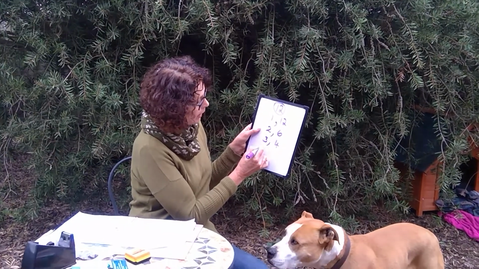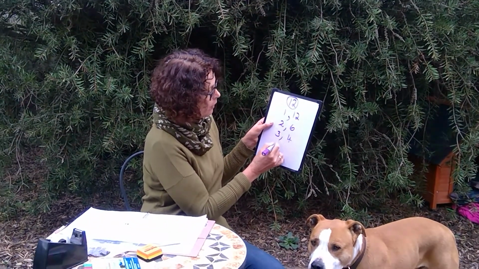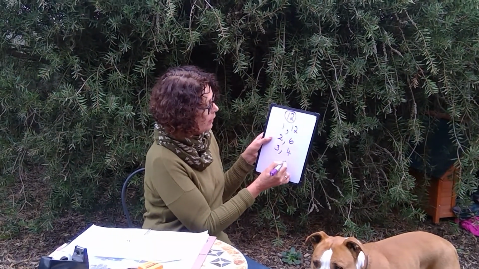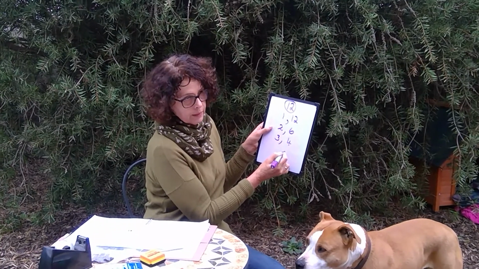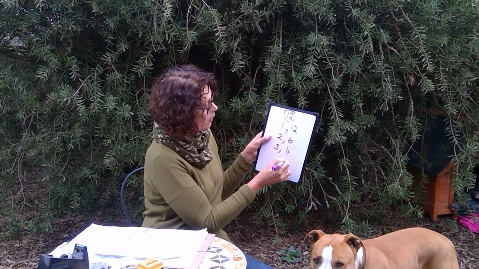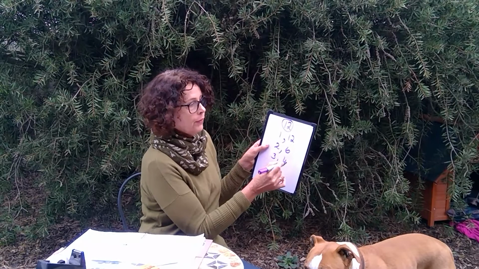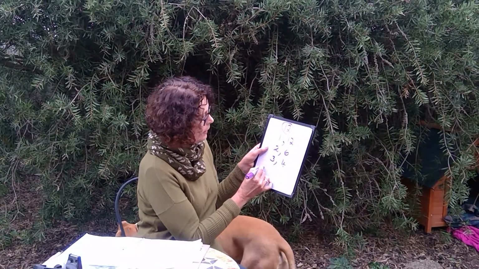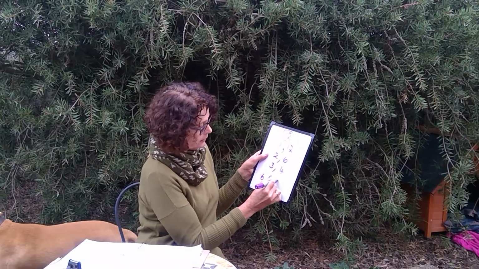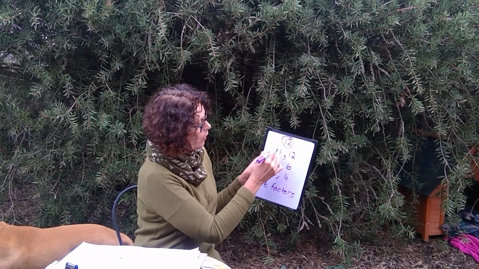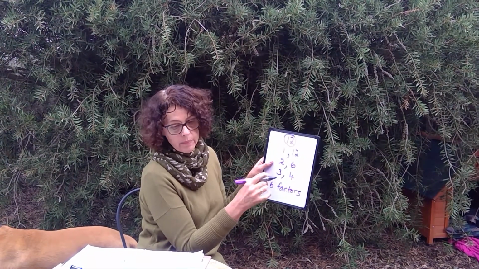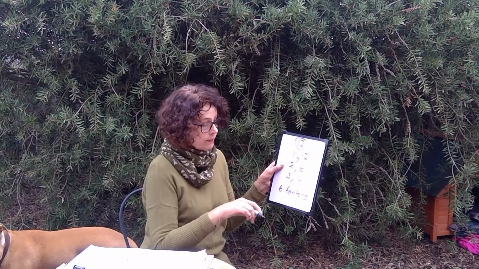The next number would be 4, but I've already got 4 and I know it goes in 3 times. So I know that because I'm going back to numbers I've already got, that 12 has 6 factors. If you go in order like this, you won't miss any out, okay?